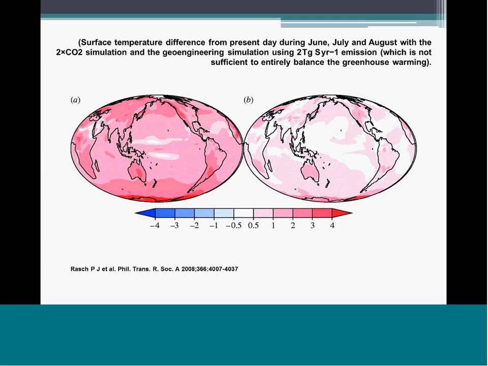We've only done small-scale experiments with this. We know what happens with sulfur dioxide in the atmosphere over a short period of time. But over a longer period of time, there may be feedback mechanisms we don't understand that would undermine the effectiveness of these particles in the atmosphere. So if this approach suddenly didn't work and we had a buildup of greenhouse gases in the atmosphere, that's what's called the termination effect.